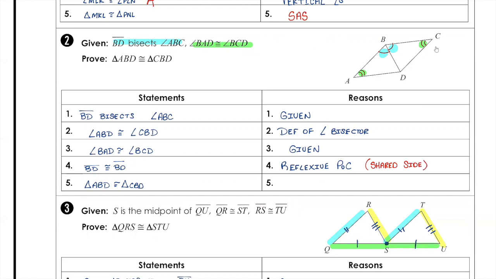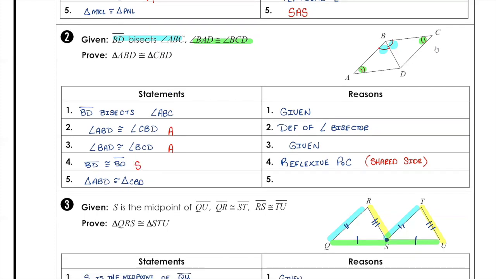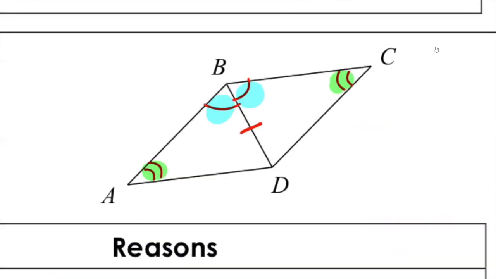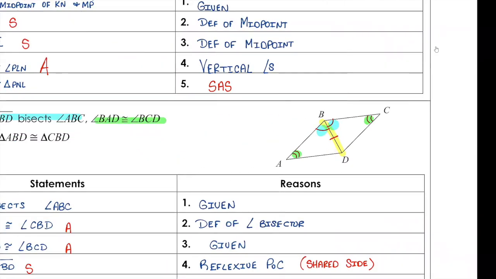Okay, so let's look at our three parts we've proven. Statement 2, is that an angle or side relationship? Statement 3, angle or side? Angle. Statement 4, angle or side? So it's got to be either angle side angle or angle angle side. Why do you think it's angle side angle?